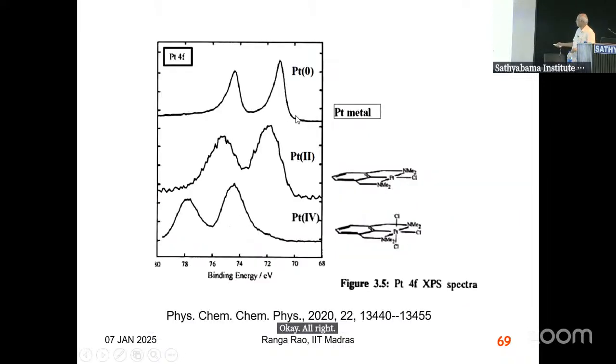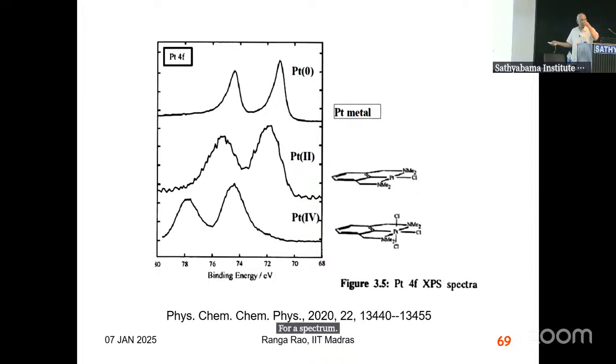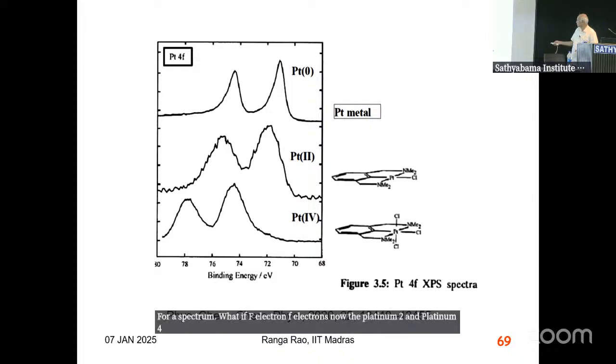This is a beautiful experiment. I'll just quickly take a few minutes and finish off. You see this one. This is platinum metal. This is a 4f spectrum, 4f electrons. Now the platinum 2 and platinum 4 complexes here. Are you seeing this?